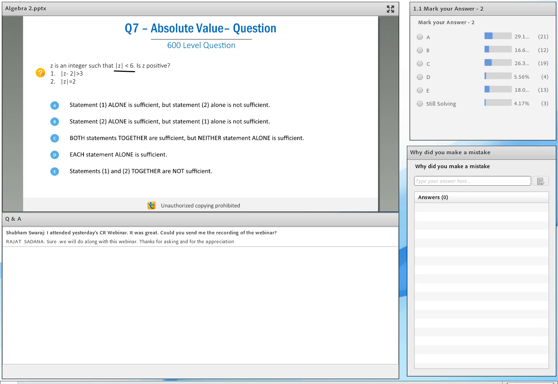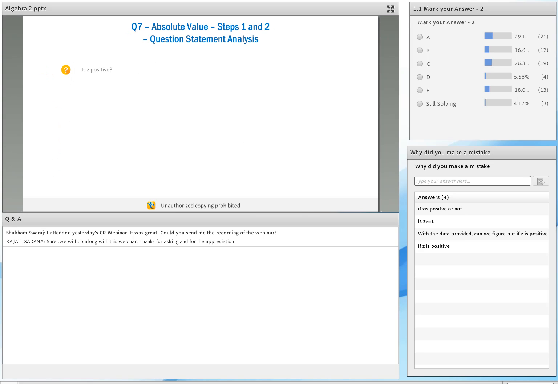This question is asking you to answer one simple question: is Z positive? That's it. It's not asking you to figure out the value of Z. That's really important. The question is, is Z positive?